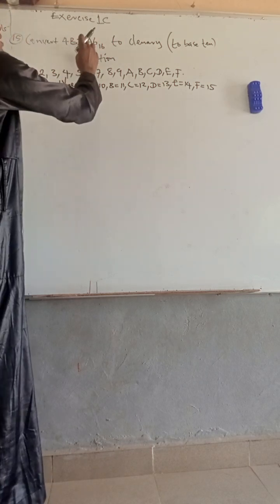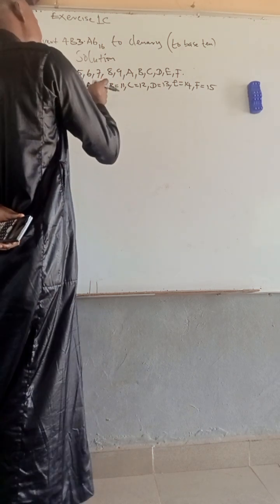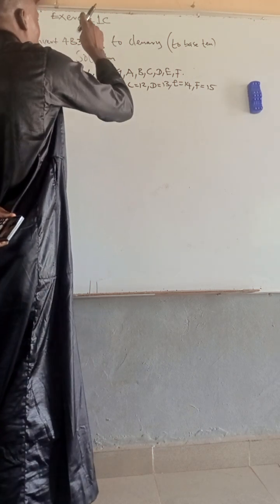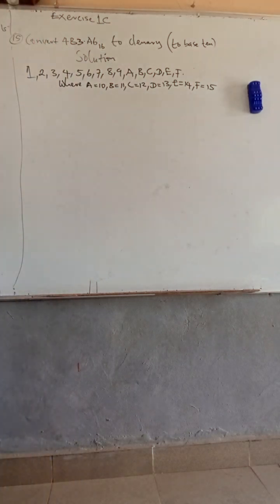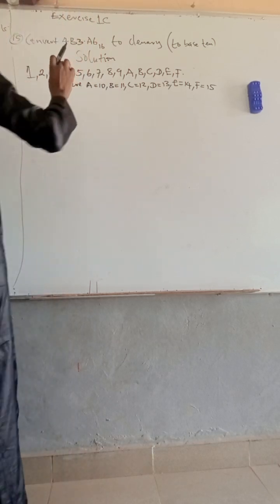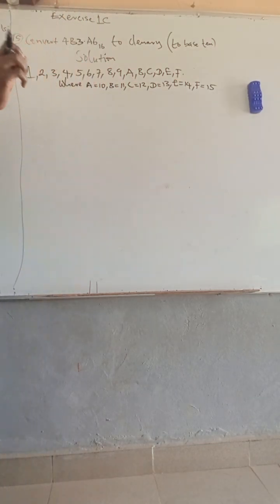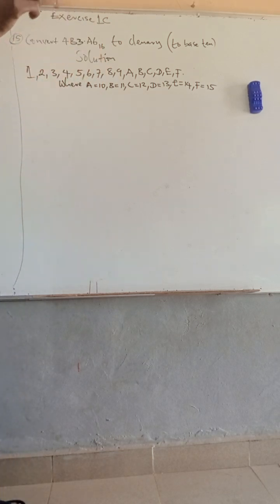And this is point A. It will be point 10. But in solving, we are going to bring this 10 as a single digit, and B, 11, as a single digit, and not as 1 and 1.